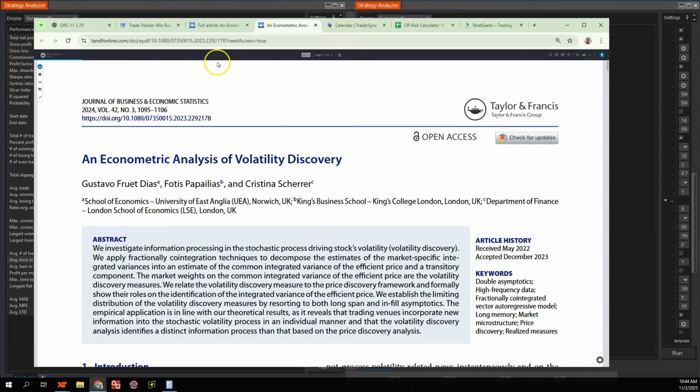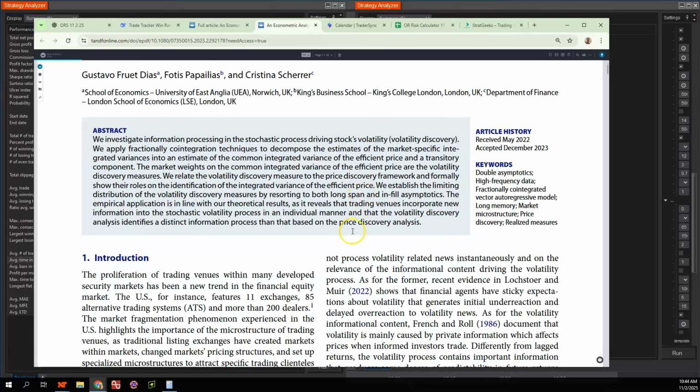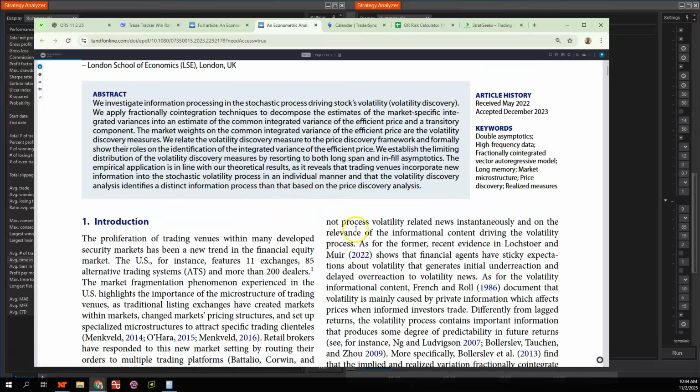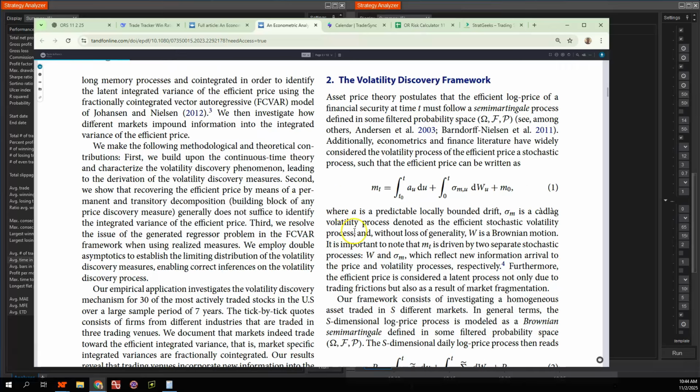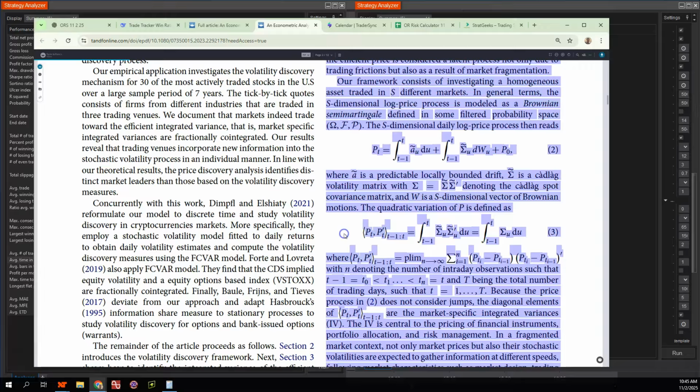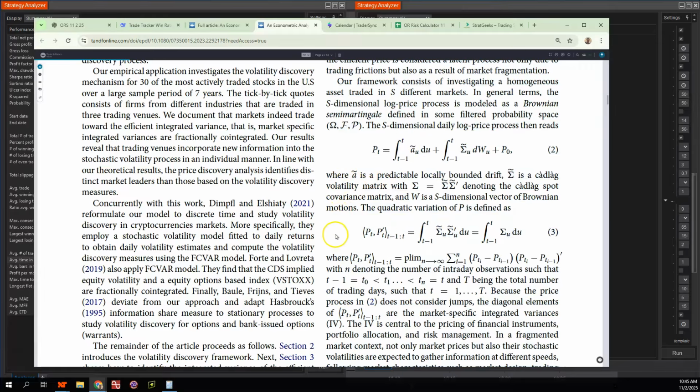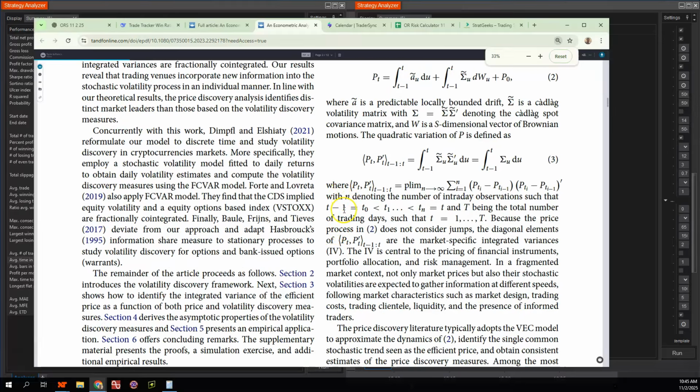I'll put a link to this article in the description of the video, but good luck. Basically what this does is it breaks down, we'll just go over it with GPT. But you can see it gets pretty complicated. Ooh, here comes the first formula. This is some gnarly stuff. Master's level economics education.